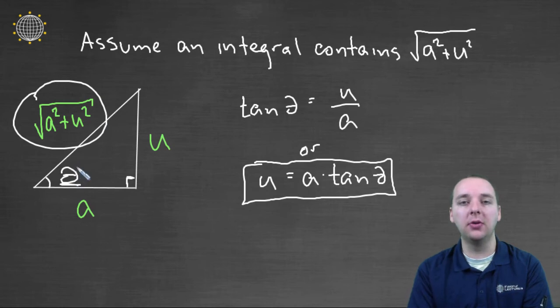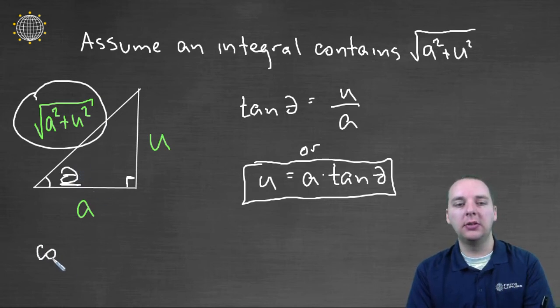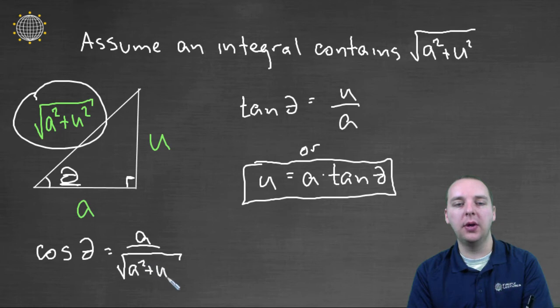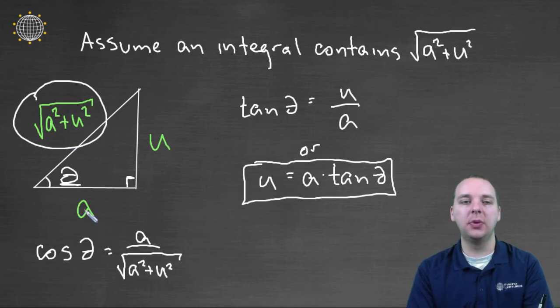I think I'm going to go with the cosine relationship. Cosine of theta would be a over the square root of a squared plus u squared. And the reason I chose cosine over sine is this relates to the radical with a simple constant as opposed to the radical with a variable expression. It's just simpler, it's just easier.